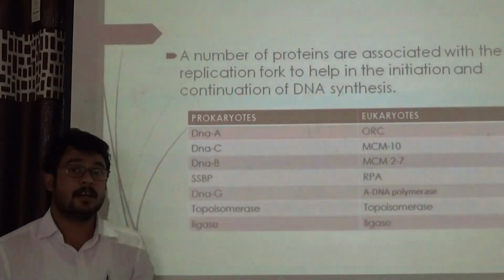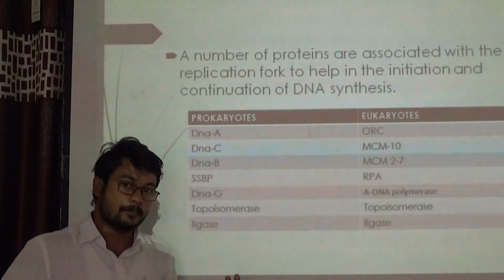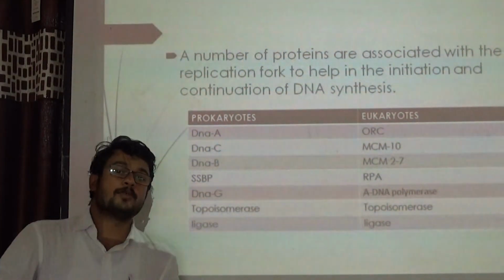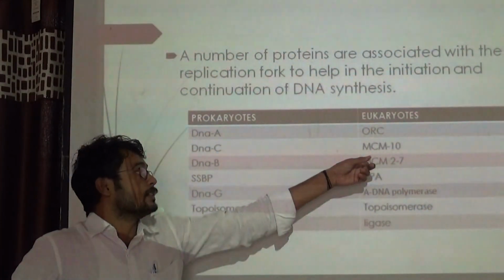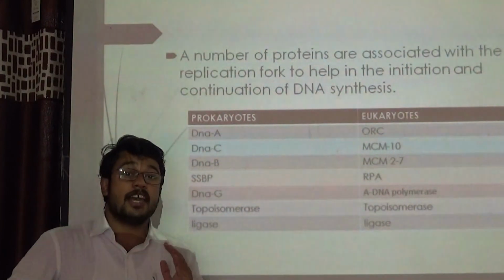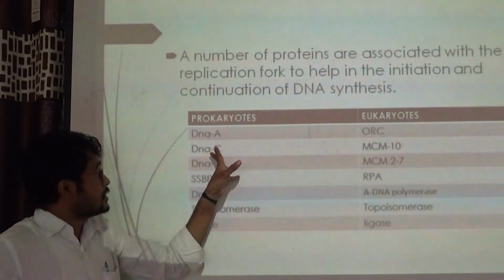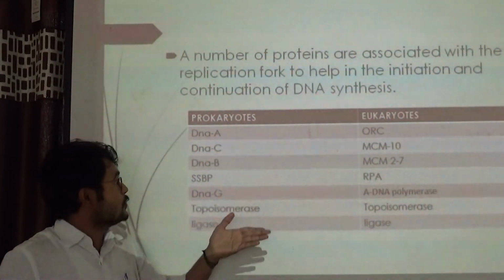But in the case of prokaryotes, DnaB loads on a single strand of DNA, while in eukaryotes, MCM2-7 loads on a double strand of DNA. But when loaded, they are in an active form, and they work in an active form.